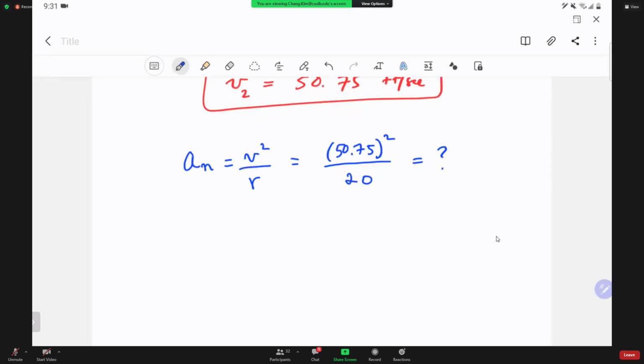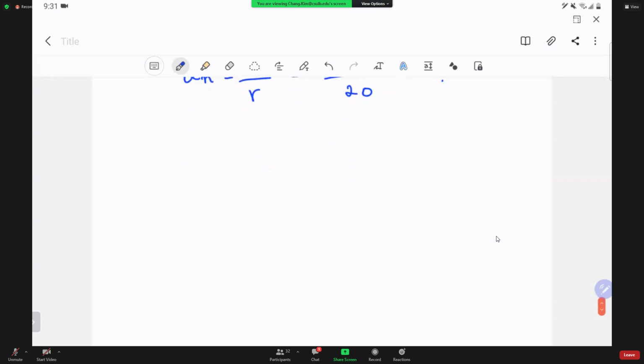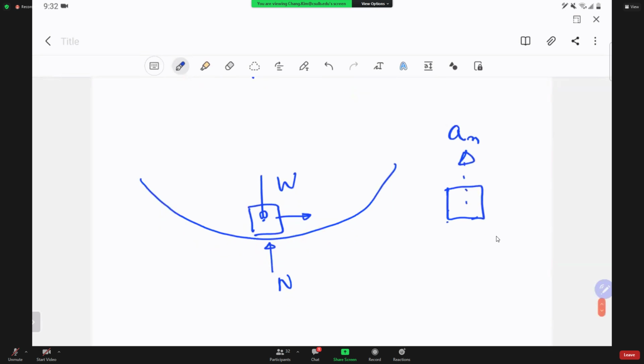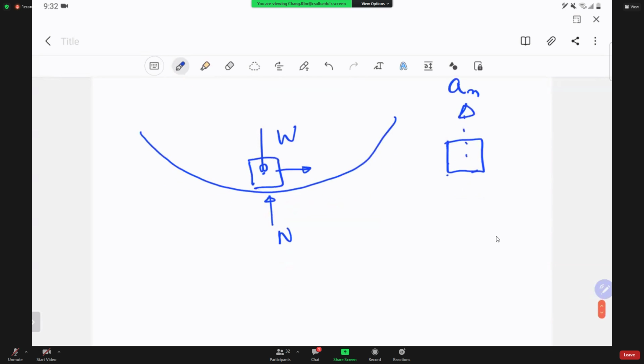When the cart is passing here, eventually we're going to have a weight applied, and because of that, the normal force is applied in there, and the cart has the acceleration toward the center. Maybe let me put it this way.